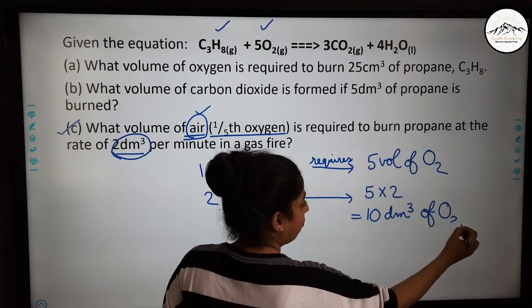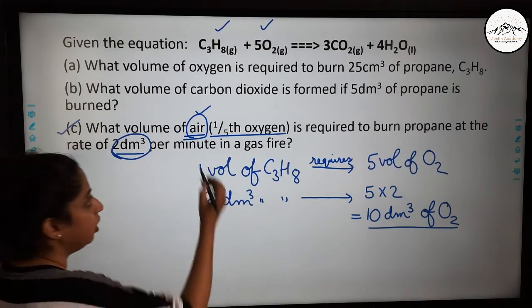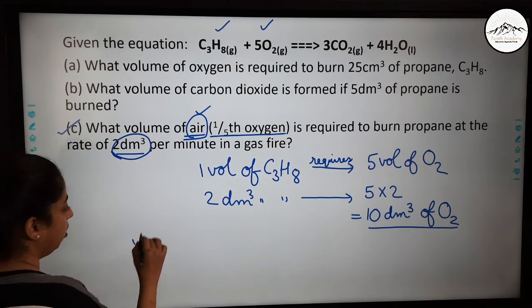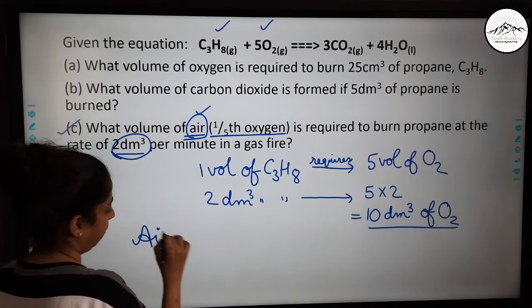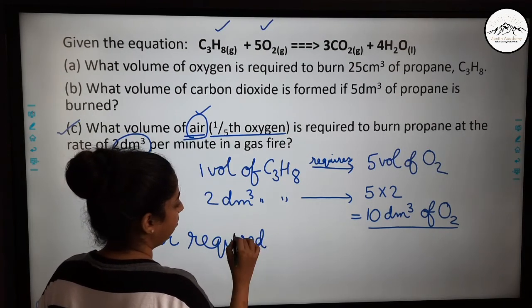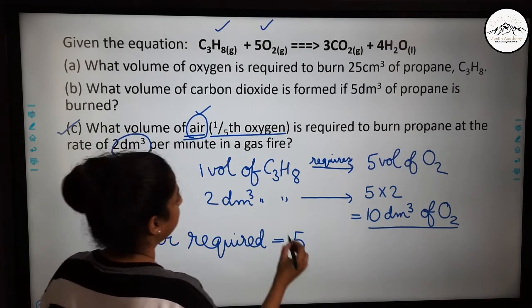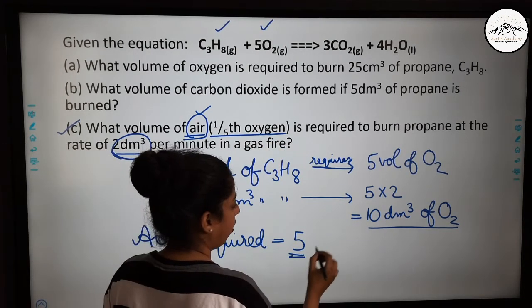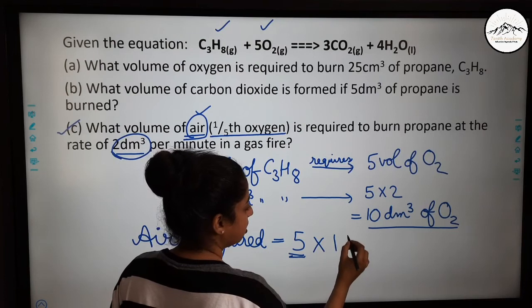But now we have not taken oxygen, we have taken air, which contains only 1/5 of oxygen. So the air required will be 5 times, because the oxygen in air is only 1/5. So the air required is 5 times of 10 decimeter cube.